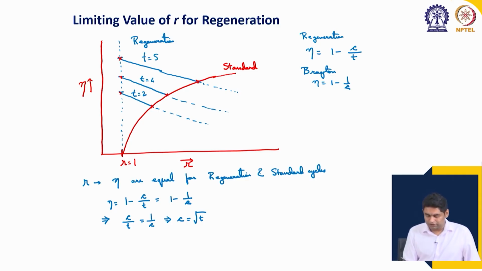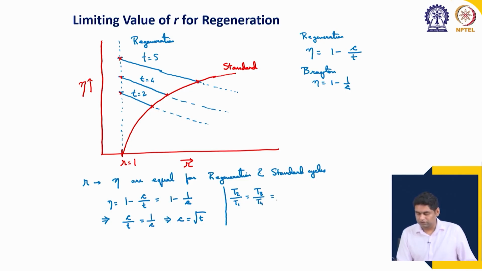Previously also we have seen this. So, what happens when C is equal to root T? T2 by T1, which is also equal to T3 by T4, is equal to root over T3 by T1, from where we had obtained previously. If you just take a product of these two, you will get that to be equal to T3 by T1. So, from here we had obtained that T2 is equal to T4.